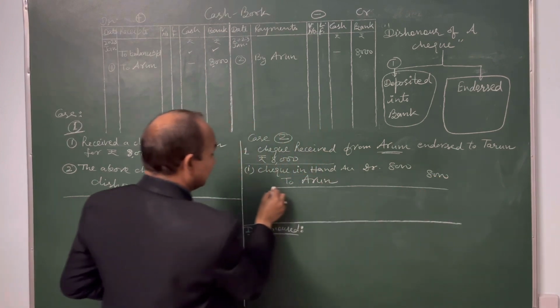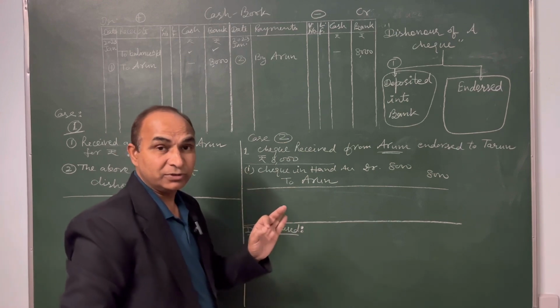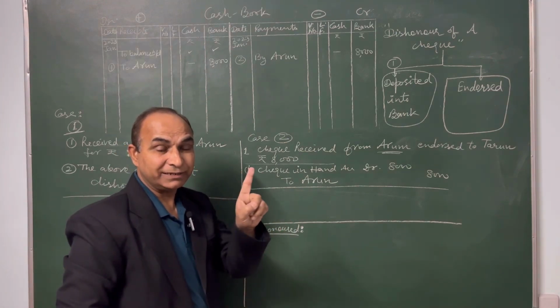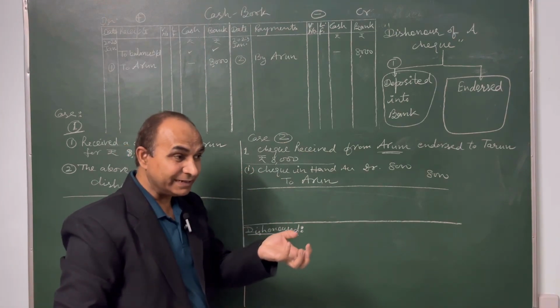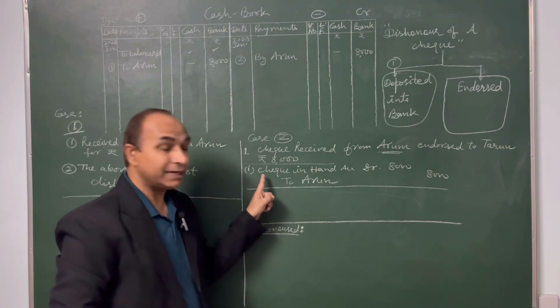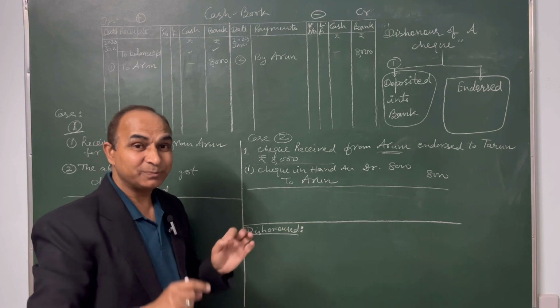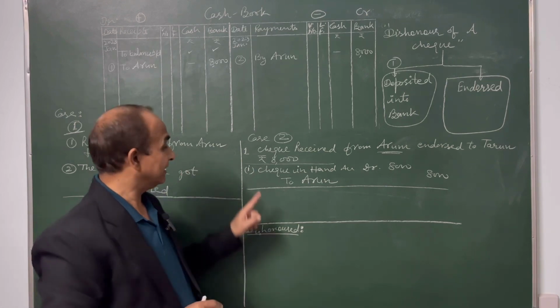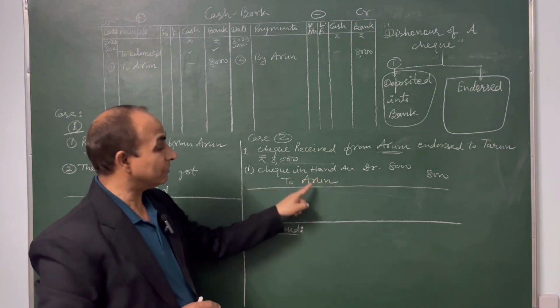Remember one thing, we received a check from Arun but not deposited into bank. Firstly, we retained the check with us. Journal entry will be, and this is not passed in cash book. This is passed in journal proper. Check in hand account debit to Arun.